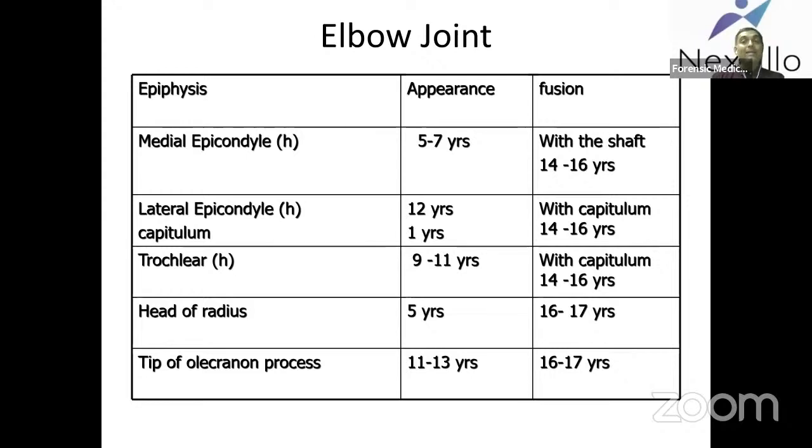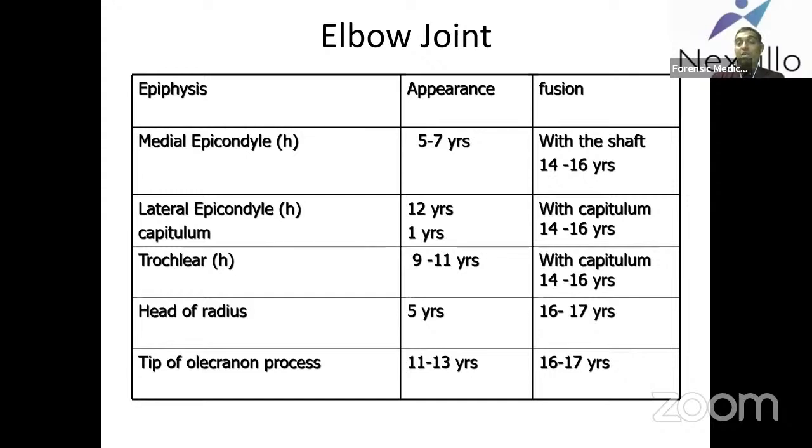So again, this is the elbow joint, which is very important for the adolescent group of people, and that's why we have to take elbow joint X-rays whenever you want to confirm the age group of an individual. If you can see, most of the fusion in the elbow joint occurs around 14 to 17 years of age.